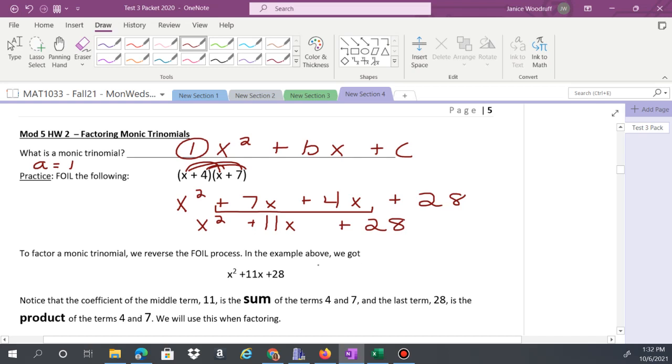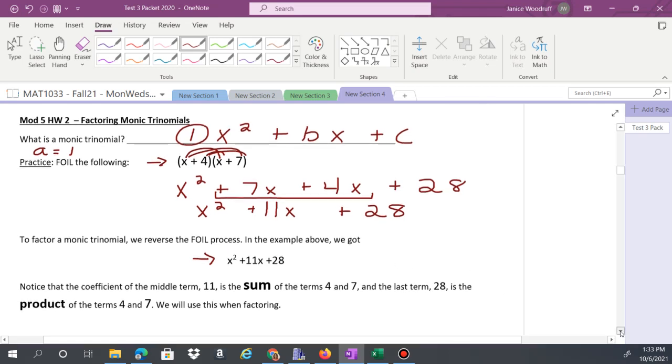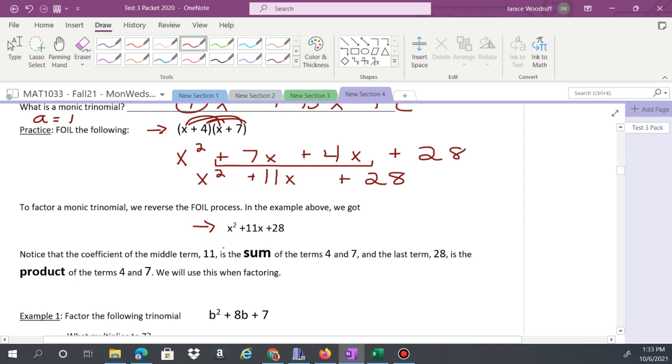Now our goal for this module is to go from this, x squared plus 11x plus 28, to this, (x plus 4)(x plus 7). Read this sentence here. Notice that the coefficient of the middle term is 11, which is the sum of 4 and 7. 4 plus 7 is 11. And notice that the last term, 28, is the product, 4 times 7.